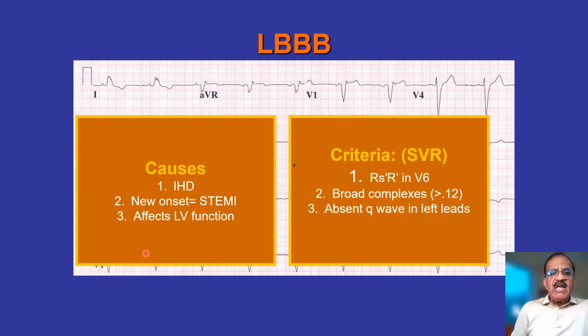But in a left bundle branch block, since the current doesn't spread that fast, it takes some time. So the contraction wave starts from one side and ends in the other, and so the contraction is not that effective. It might actually reduce the stroke volume, maybe a very small percentage, but that is, I think, clinically significant in those patients who have heart failure.